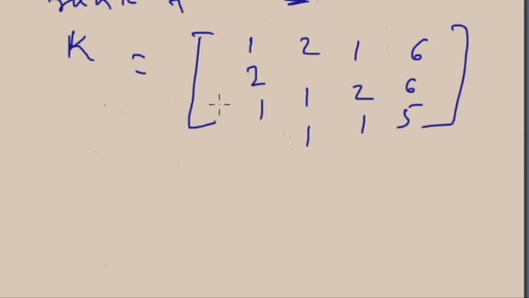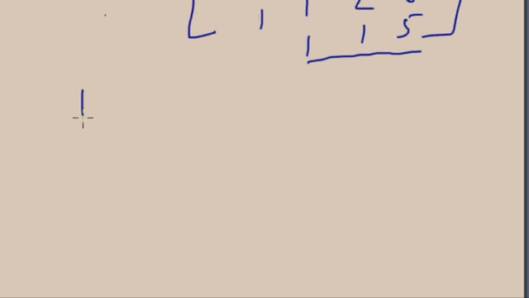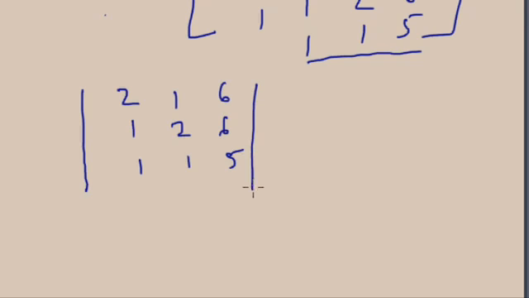Now you are required to find out the rank of K matrix. So the K matrix is this. Take this 3 column and find out the determinant, meaning 2 1 1, 1 2 1, 6 6 5.